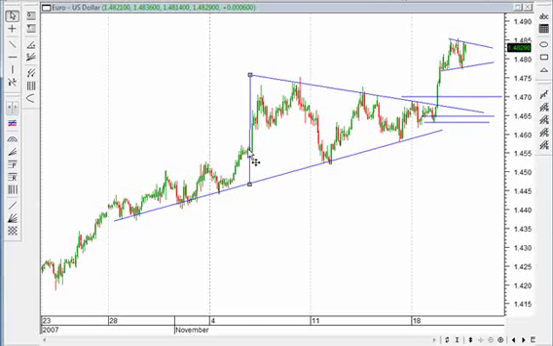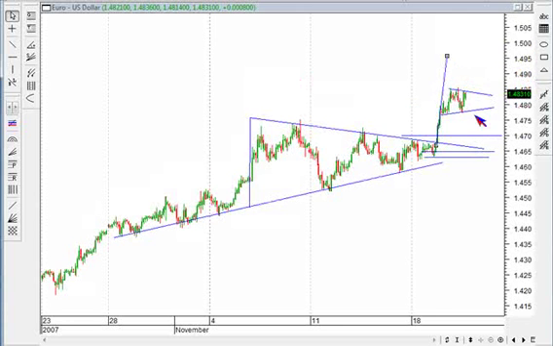If I copy this pole and then move it over to here and drag this down a little bit, I'm not sure exactly why it slanted so much, but it gives us a price target right between 149.50 and 150 right there. So that's the first price target that you would want to set.